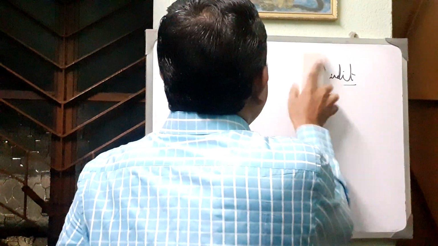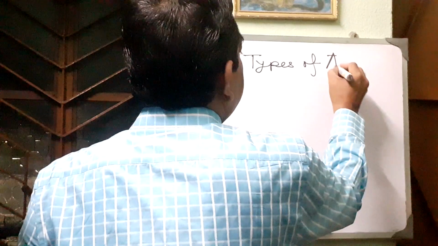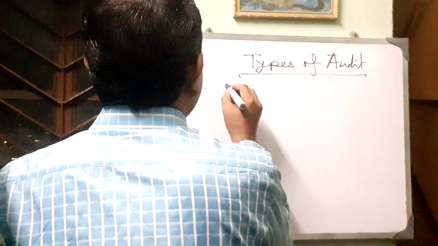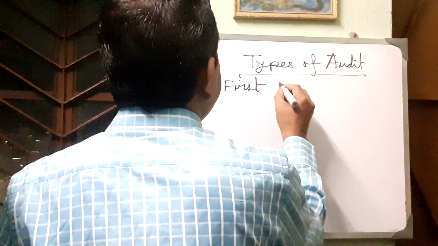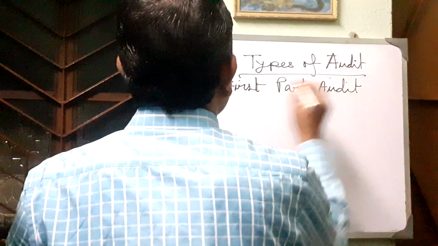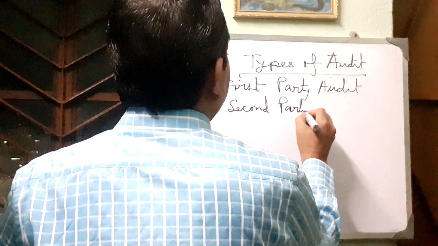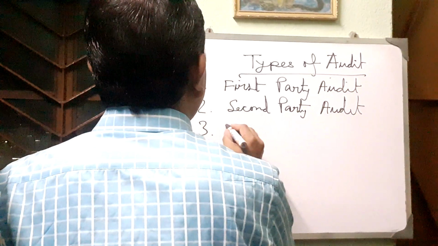There are generally three types of audit. The first is the first party audit, the second is the second party audit, and the third is the third party audit.